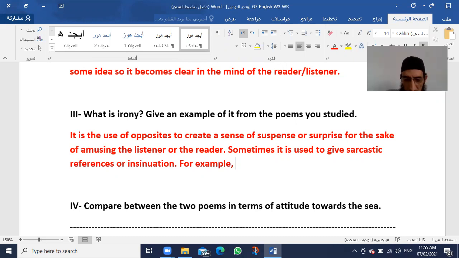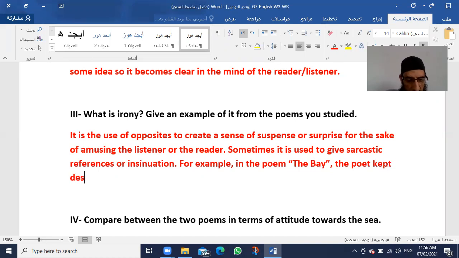For example, in the poem The Bay, the poet kept describing the scene of a bay which never existed. Thank you very much.